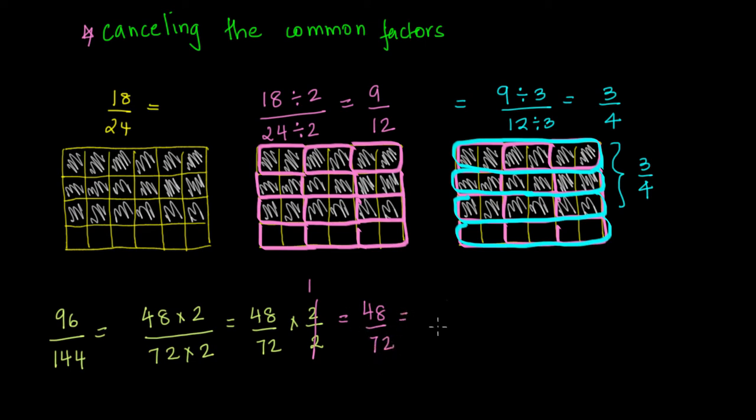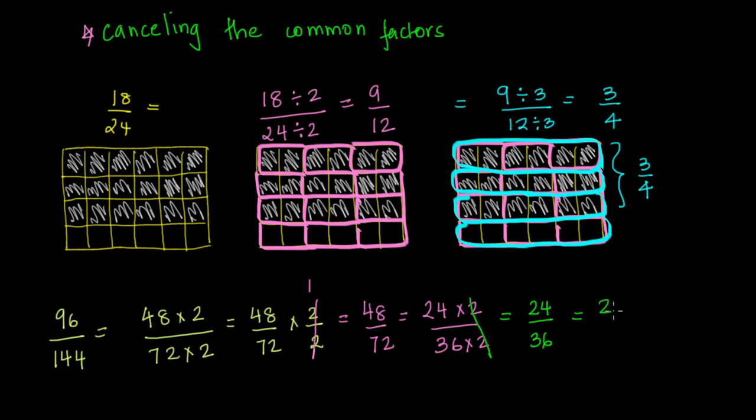Again, I have 2 as a common factor, so I can rewrite this as 24 times 2 divided by 36 times 2. Since 2 is a common factor, I can cancel it out. And this is the same as 24/36. Now I notice that 12 is a common factor for both 24 and 36.